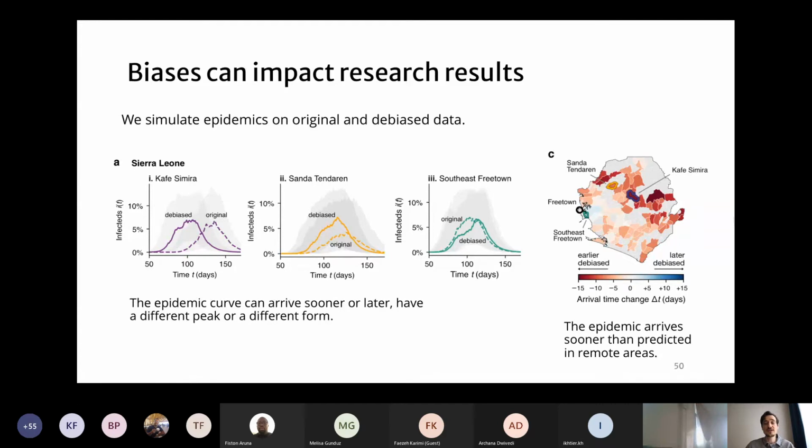So this shows that these biases might have potential impact on, for example, models that you run on this mobility data set, which is especially relevant due to COVID-19 and the heavy usage of mobility data in epidemic simulations, which are then the ground for policy that is based on them.